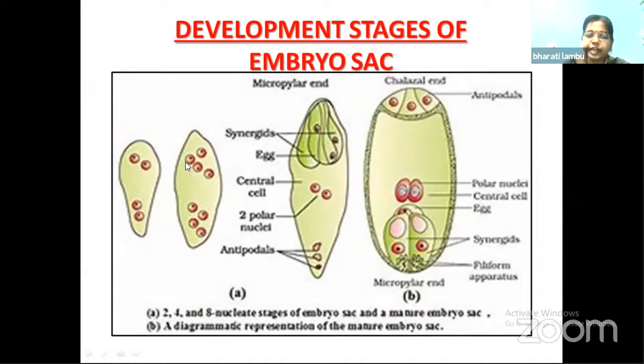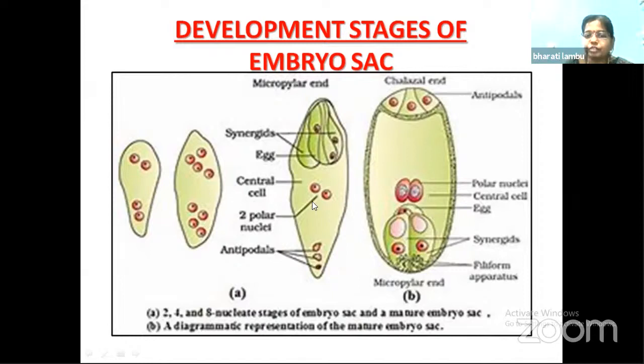Now, these 8 nuclei will not have a cell wall till now. But as it matures, the cell wall will be laid down. So you can see the cell wall is present around this structure, and later on this structure will also develop the cell wall. After the formation of the 8 nucleate stage, one nucleus from the upper side and one from the lower side will move to the central part of the megaspore.